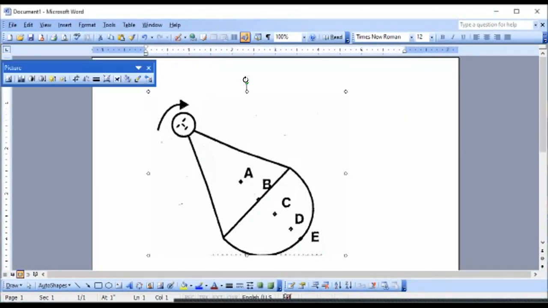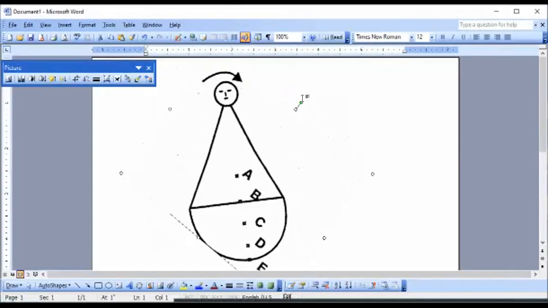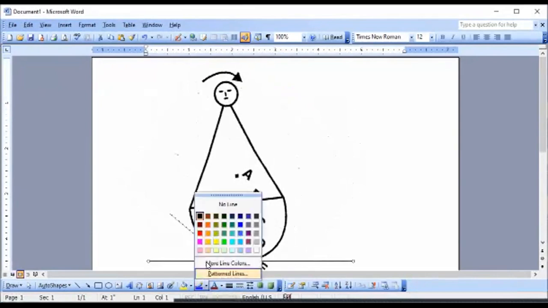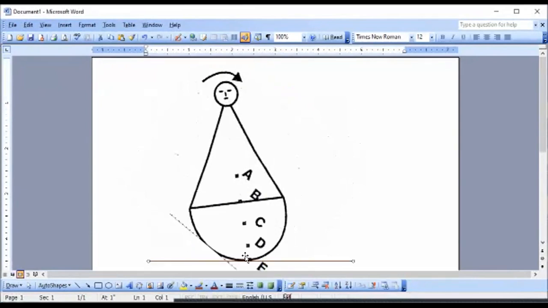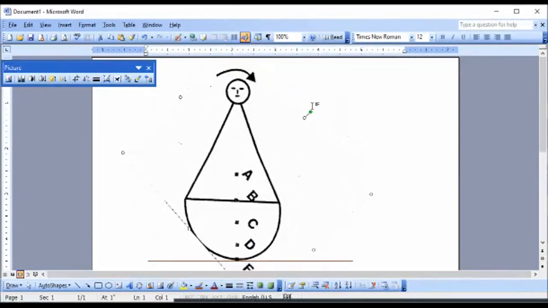So let's say the object is rotated and it becomes vertical like this. Let me draw the ground. This is the ground. That line gives the point of contact. Let's say this is further rotated like this, to the right hand side.